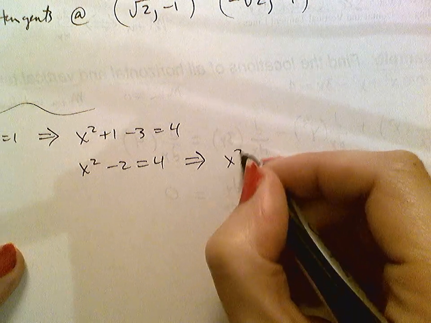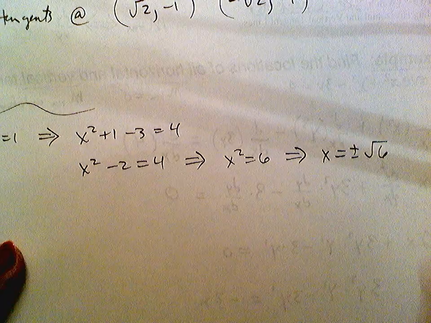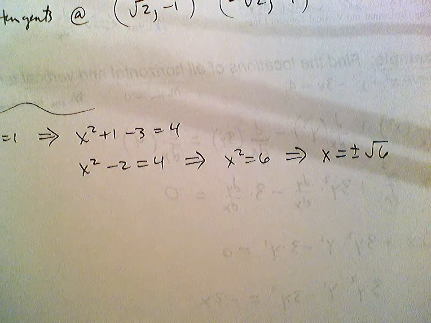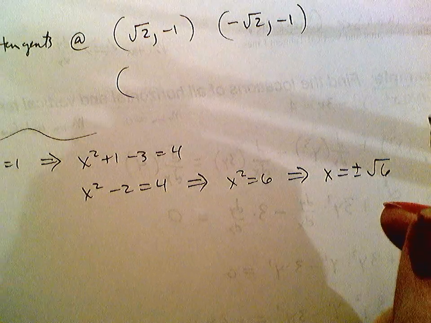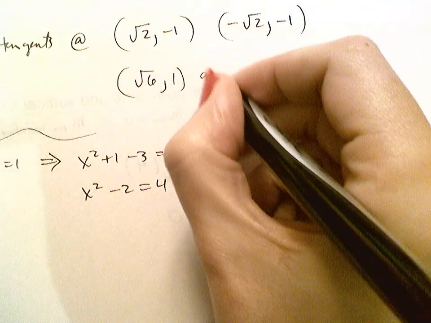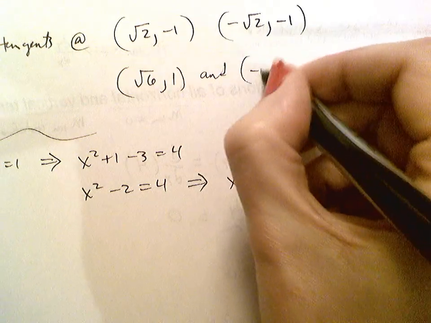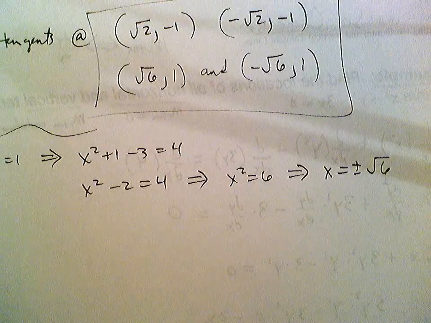Then we'll get x squared equals 6. So vertical tangents at radical 6, positive 1 and negative radical 6, positive 1. Oh my gosh. So we've got 4 points.